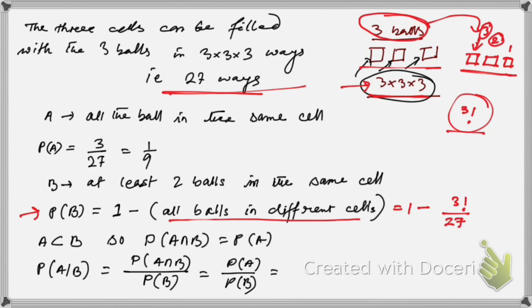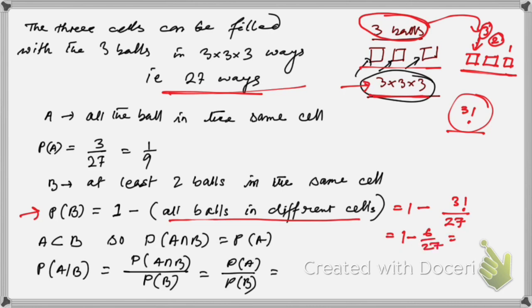So that's why we have factorial 3 by 27, and that is 1 minus 6 by 27.